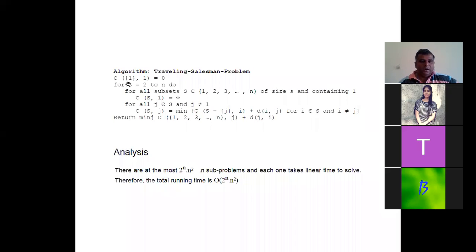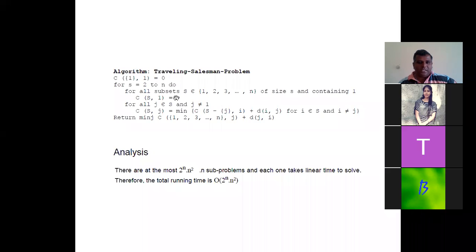So C of 1 comma 1. 1 is the starting node, these are the remaining nodes. If only one node is there, source and destination are the same, so the cost is 0. So for S varies from 2 to n. 1 is the starting node, the remaining nodes are the intermediate nodes, 2 to 4.